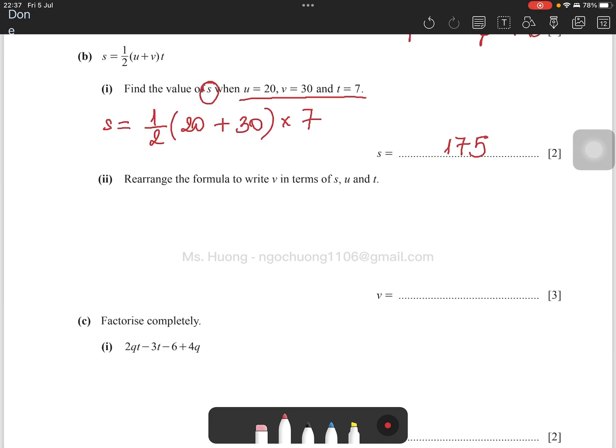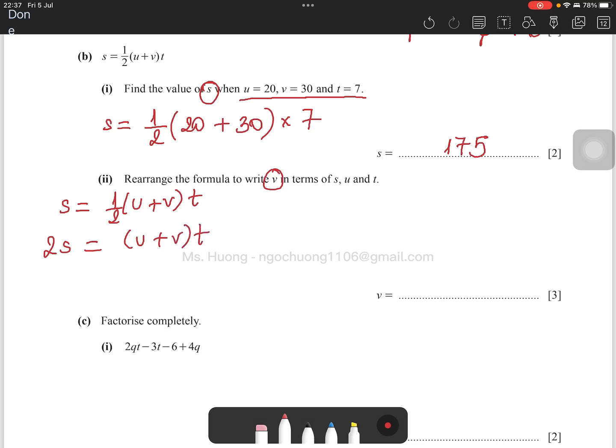First, we see that s equals 1/2 of (u plus v) times t. So if we want to make v the subject, then we should remove the 1/2 by multiplying both sides by 2. So this one is (u plus v) times t.